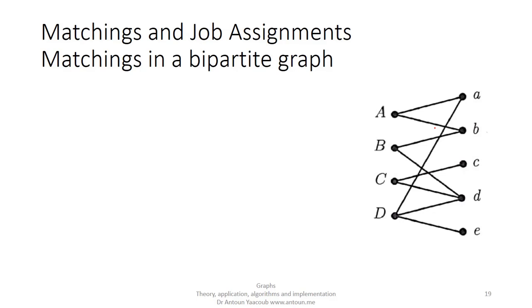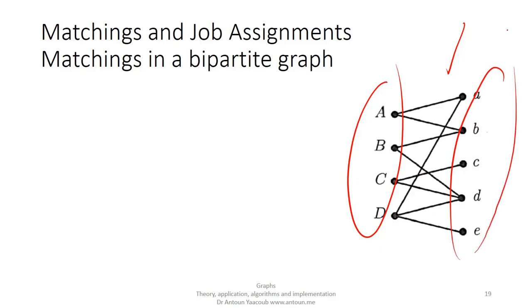Let's take an example. Suppose we have applicants for jobs. Those are the applicants A, B, C, and D, and those are the jobs in small letters a, b, c, d, and e. Obviously there should be a matching between the person's qualifications and the job requirements. The situation can be described by a bipartite graph.